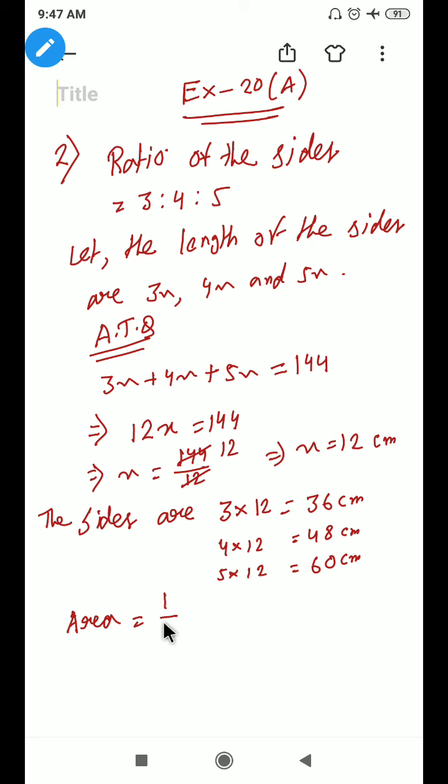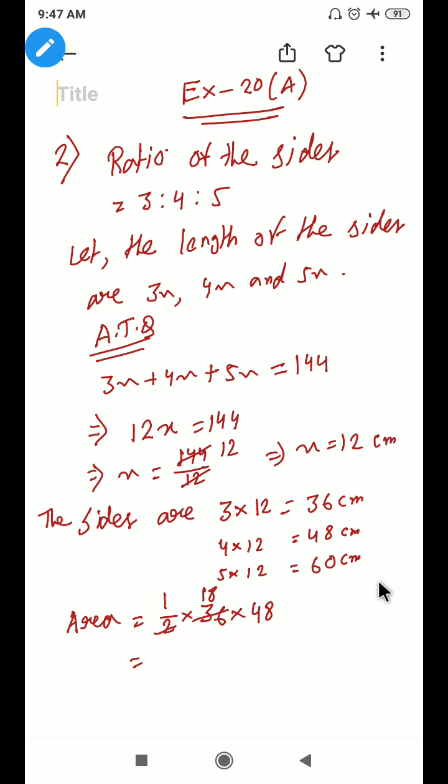Without the hypotenuse, one is base and another is height. Suppose 3x is the base and 4x is the height, that means 36 is the base and 48 is the height. We can use this formula because this is a right angle triangle. Otherwise you can use the general Heron's formula of a scalene triangle, because all sides are given. So half of 36 cancels out, and this will be 18.